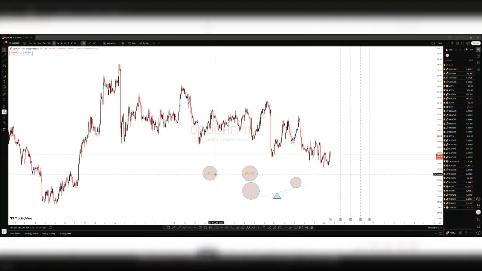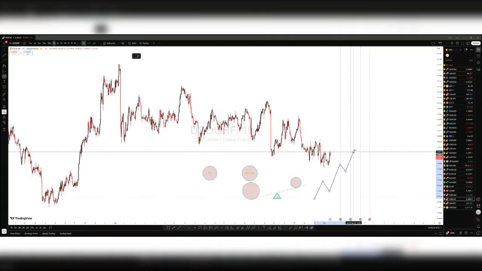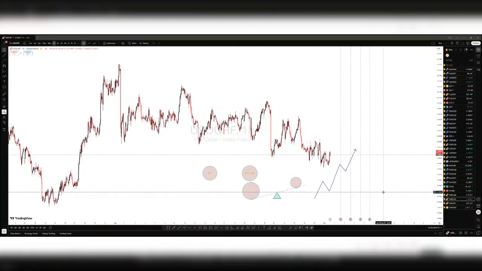So if DXY is stronger, it means USD is getting heavier. CHF is probably not getting stronger, or is the weaker one here. So it means that the seesaw is going to be tilted this way, correct? If the seesaw is tilted that way, it simply means that on the chart, this is what we will get. Bullish price action. Does it make sense? Yes.